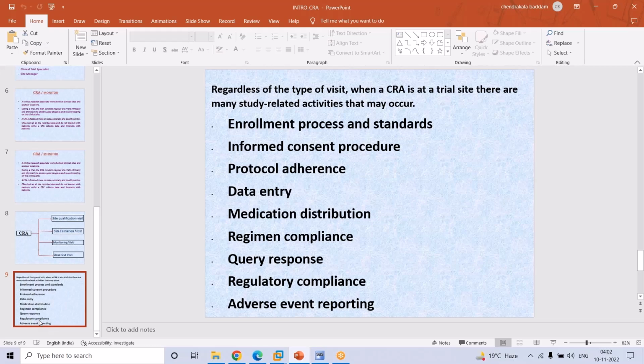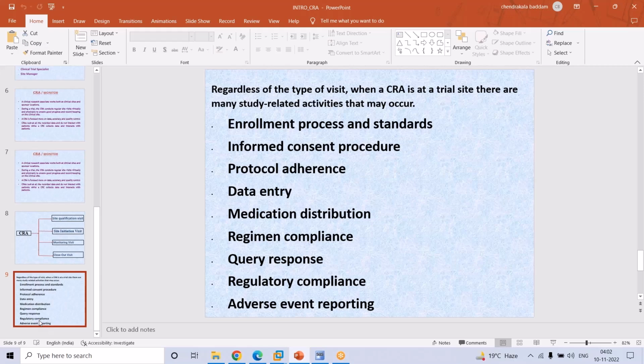They check the enrollment process, the informed consent process, protocol adherence, data entry, medication distribution, regimen compliance, quality response, regulatory compliance, and reporting of adverse events. Regardless of the type of visit, when they are at the clinical site, they'll be checking all these.